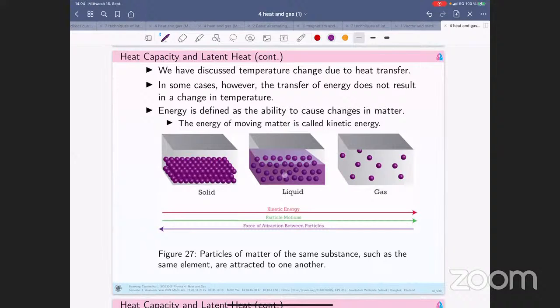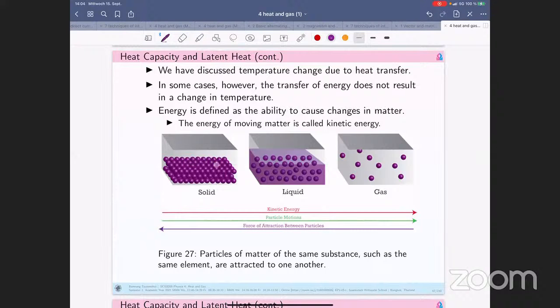In a liquid there is more space, and in a gas there is a large distance between two molecules.